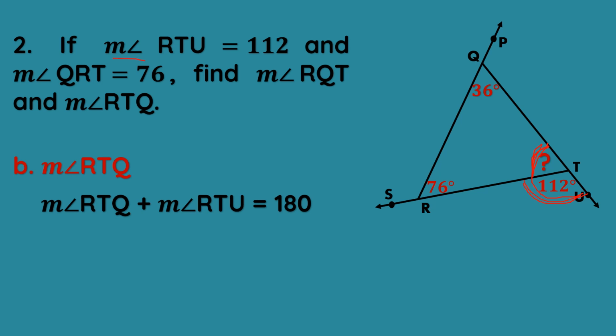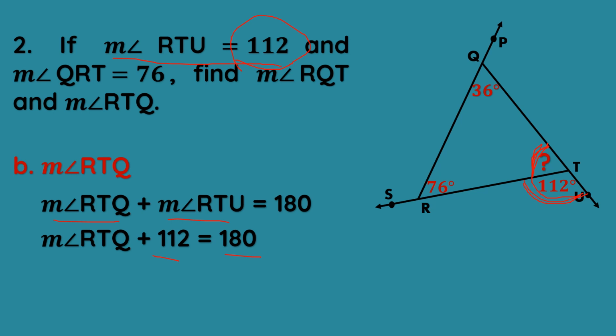Since we are given the measure of angle RTU as 112, we are now ready to solve for angle RTQ. By substitution, we have the measure of angle RTQ plus 112, and we equate it to 180.